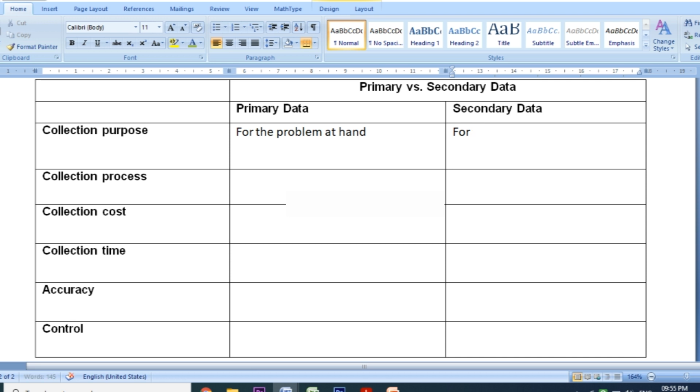However, secondary data is collected for other problems.